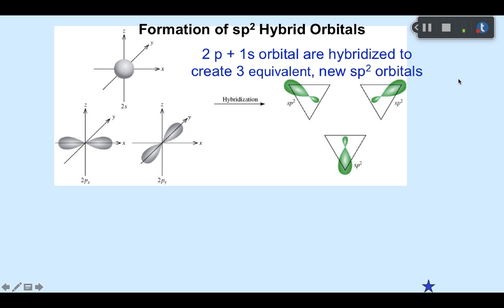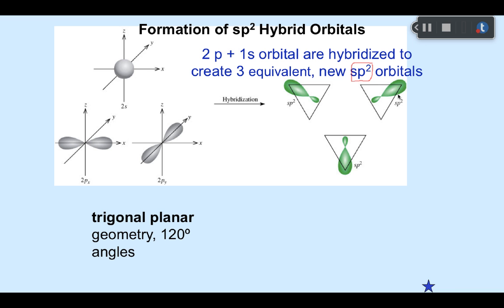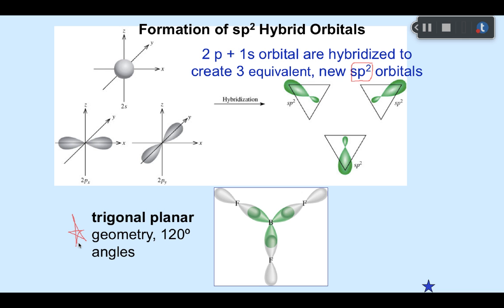So the same thing is true here. There will be three sp2 orbitals, but they each have a slightly different orientation. But again, they're all going to end up being 120 degree angles apart. So what you end up with is trigonal planar geometry and the 120 degree angles.